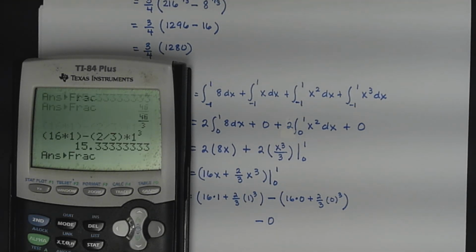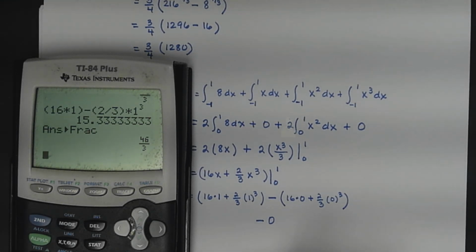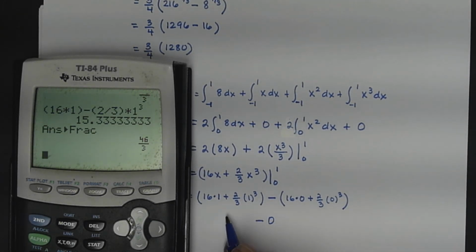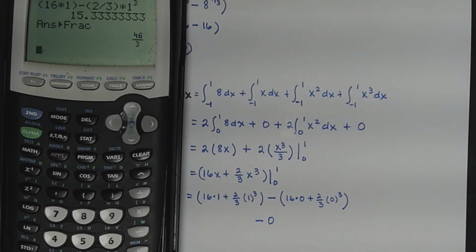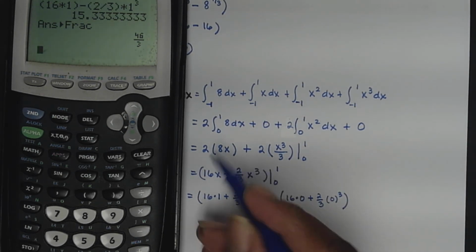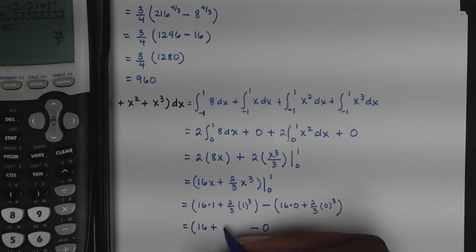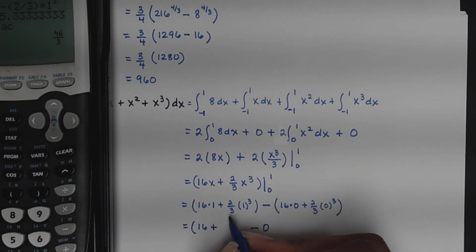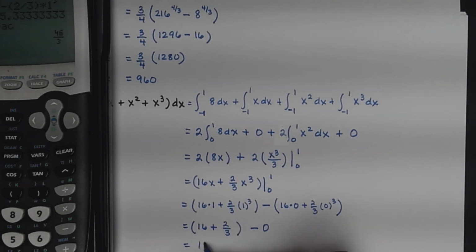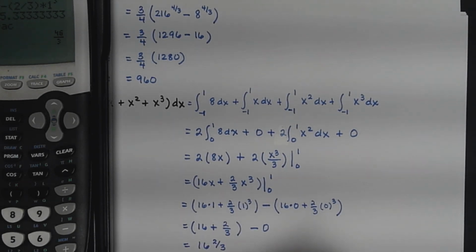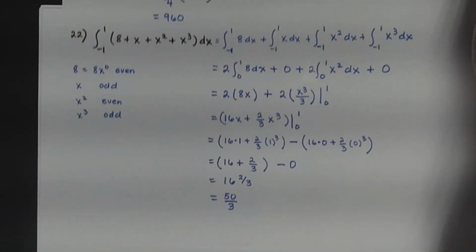Then press the math key and number 1 for fraction. Or do I need to do this? This is 16 plus 1 times 2/3, which is 2/3. So this is 16 2/3, and I can write that as 50 over 3.